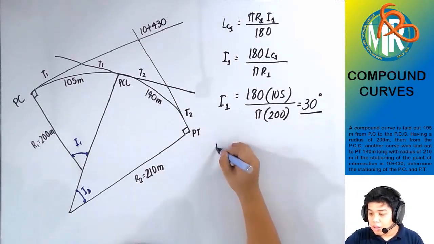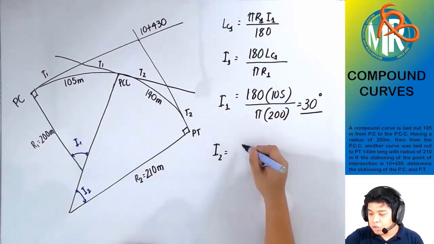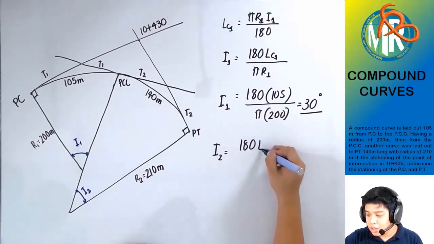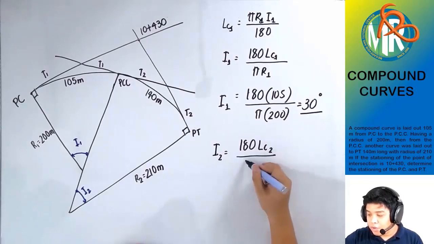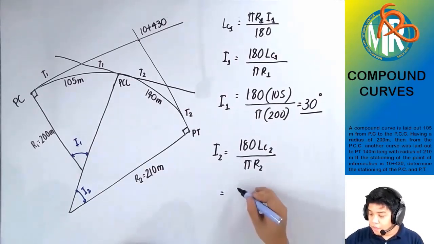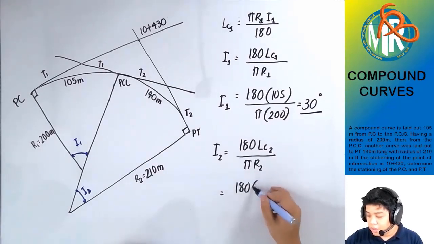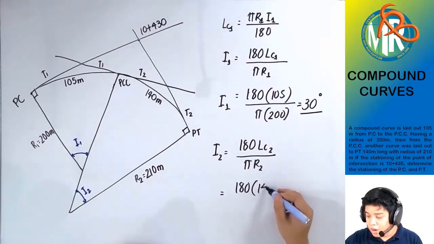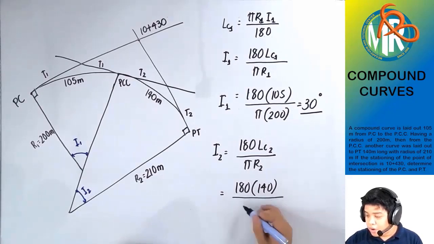For I sub 2, following the same procedure, that is 180 times the length of curve 2 over pi R2. The length of curve 2 is 140 all over pi times 210.